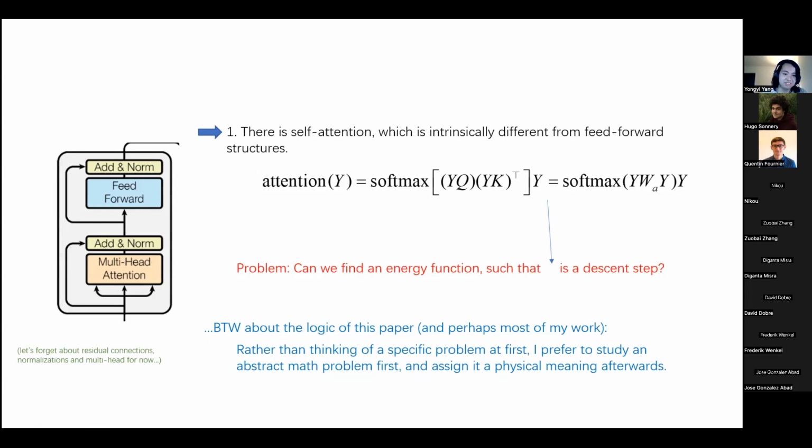Everything is defined in mathematics. In this equation, all the variables have their physical meanings: the y is the hidden representation, the q and k are model parameters, and the wa is also a model parameter. Let's forget about that and just consider them as variables. We will first study the general case and then align it with physical meanings afterwards.